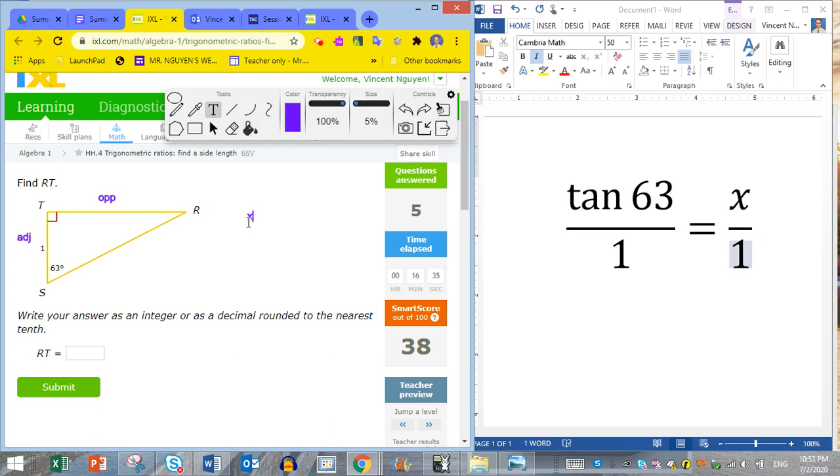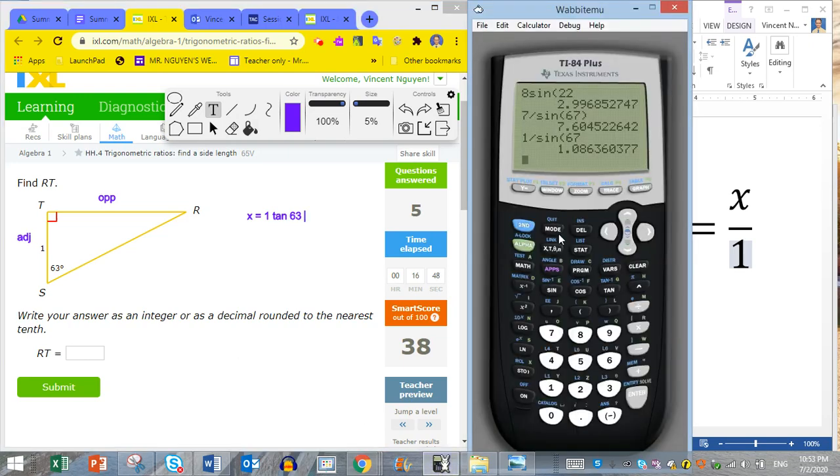So x equals 1 times tangent of 63. I'm going to make that mistake again. It's just tangent of 63 because it's multiplied by 1. So all I have to do is type it in and make sure I put the correct angle in this time. Tangent of 63 degrees is how long?